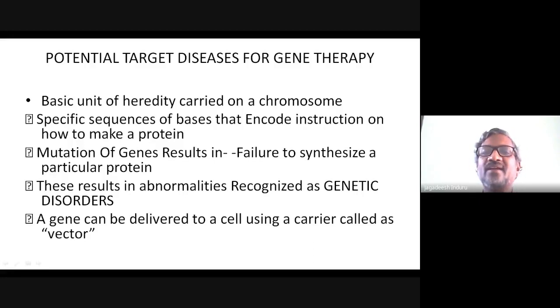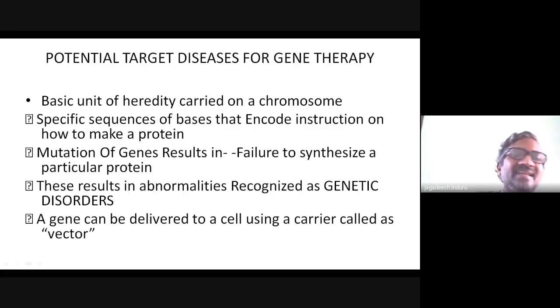We call it gene therapy because the gene is carried on the chromosome. The pairs of chromosomes hold our entire genome, making the functionality of the body and making the uniqueness and identity. So that is what we are going to have as a potential target. It means our single target, if you can say, for gene therapy is your chromosome.